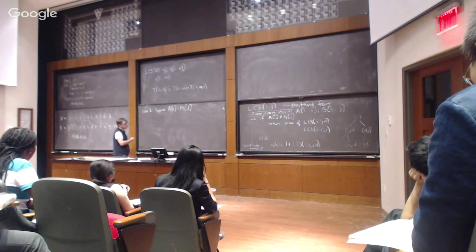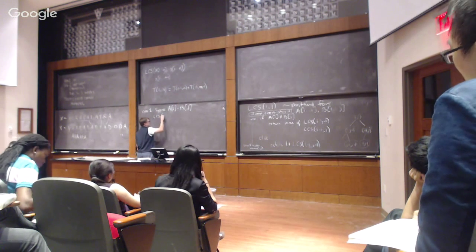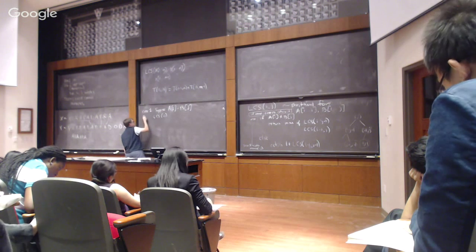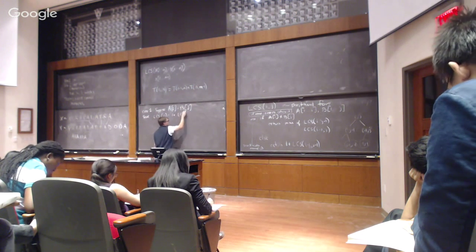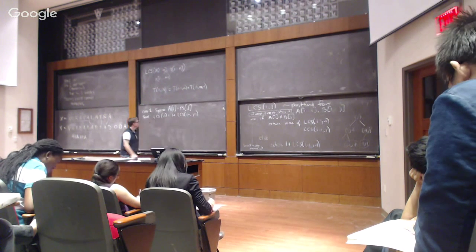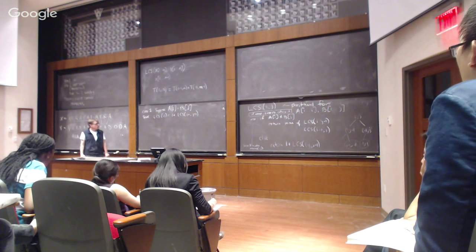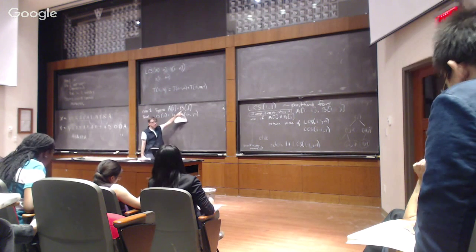Then I want to argue that the longest common substring of i comma j equals 1 plus the longest common substring of i minus 1 comma j minus 1. So we know that we get this one character for free.